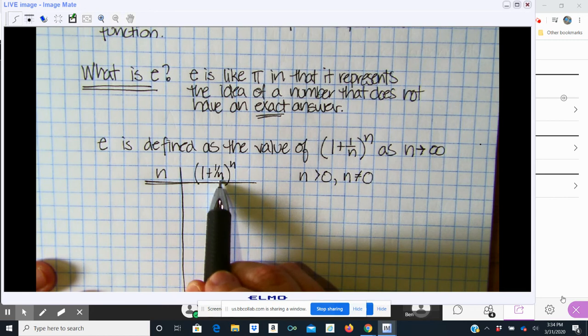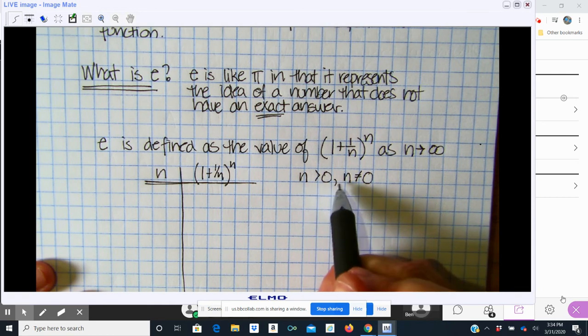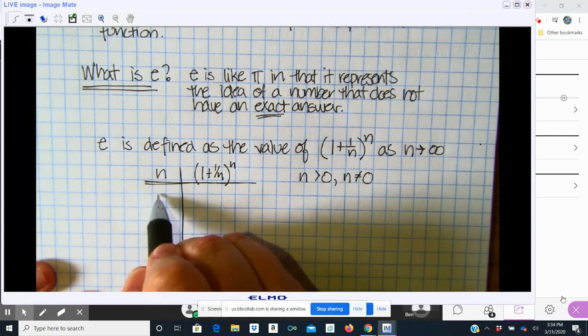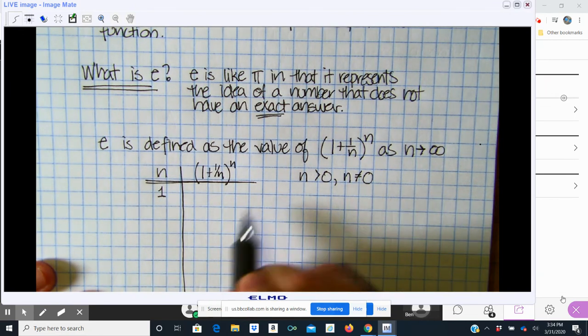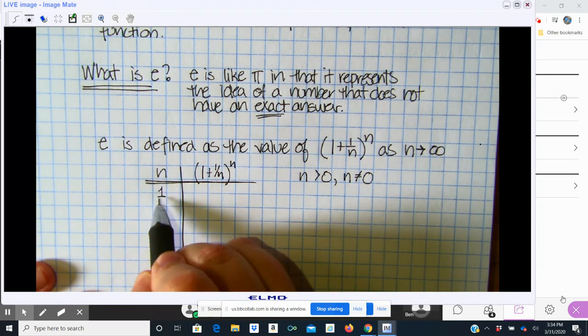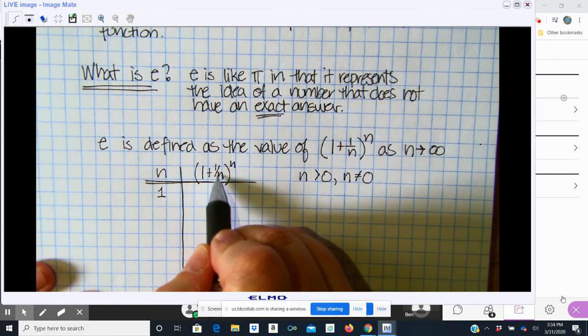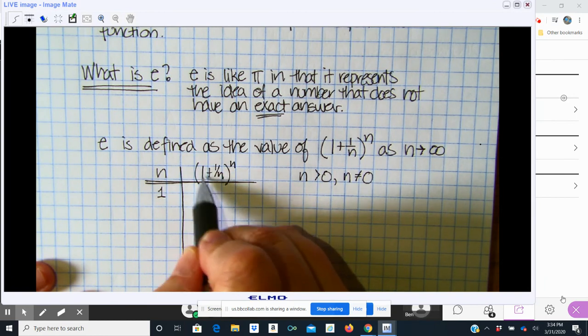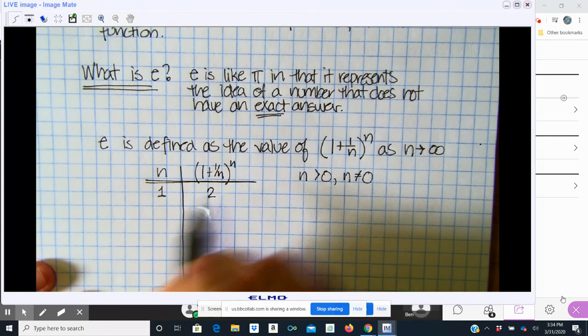That 1 divided by 0 implodes and we can't do it. So we have to start with a number greater than 0. Just to keep it easy, I'm going to start with a 1. If I let n equal 1, then I have 1 plus 1 over 1, that's 2, to the first power. That's a 2.